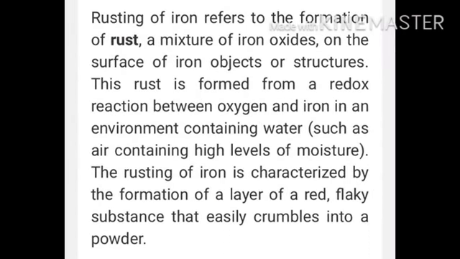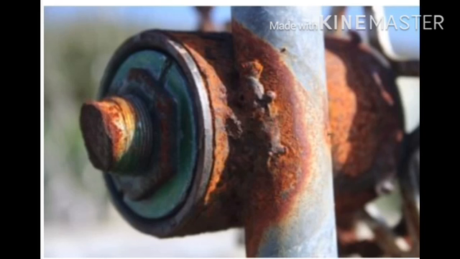Rusting of iron refers to the formation of rust, a mixture of iron oxide, on the surface of an iron object or structure. This rust is formed from a redox reaction between oxygen and iron in an environment containing water, such as air containing a high level of moisture.